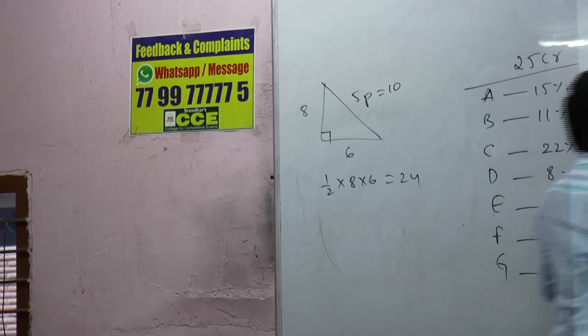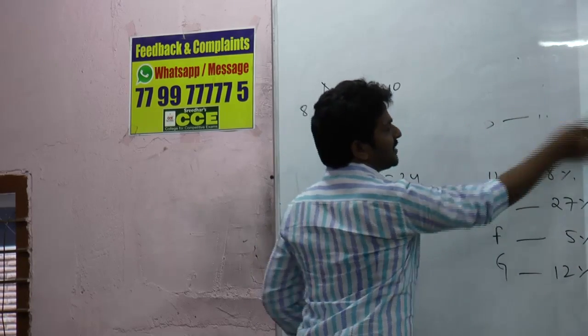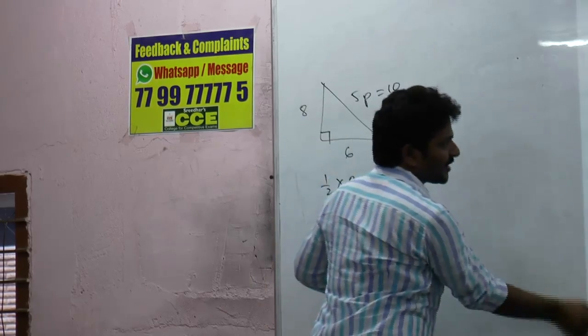Next. 66th one. The average of 3 odd numbers is 21. If the difference between the smallest and the largest of these numbers is 18, what is the third number? What is the third number? Can you get an answer?